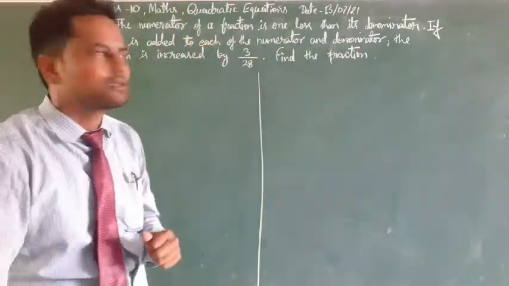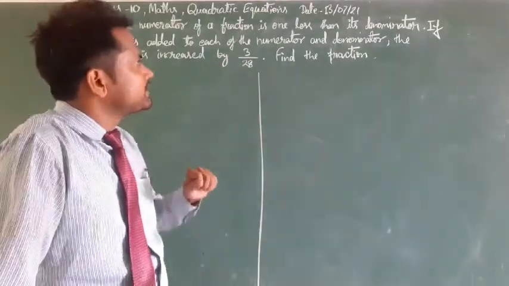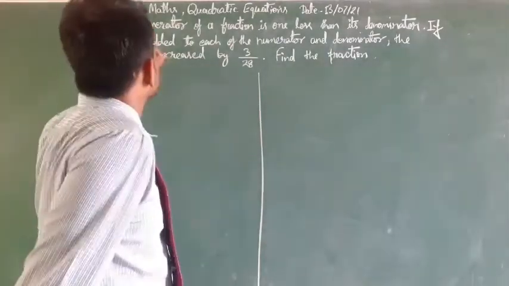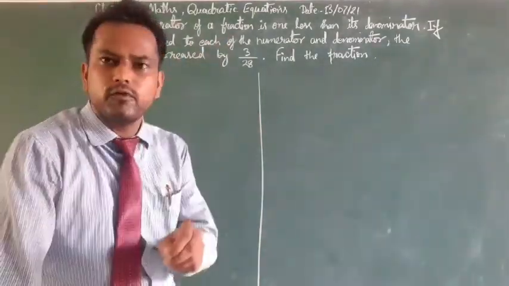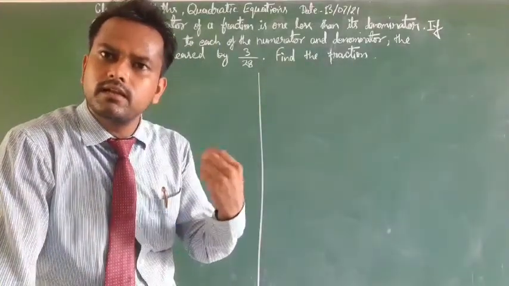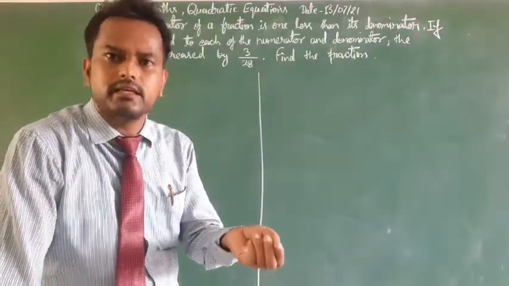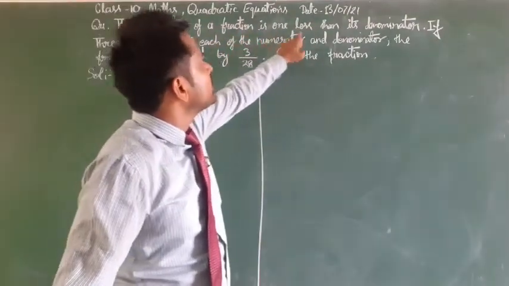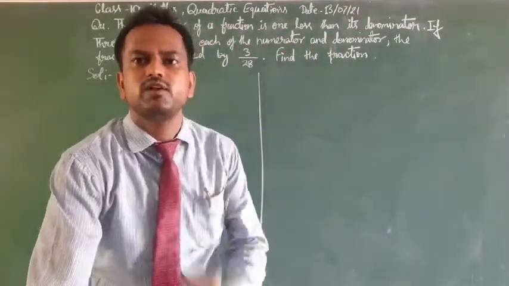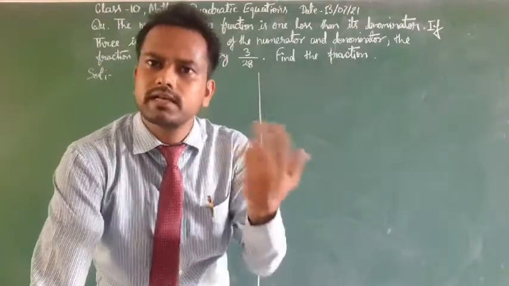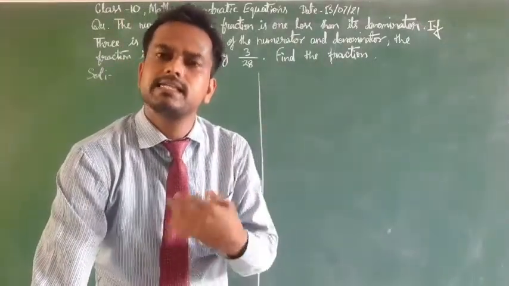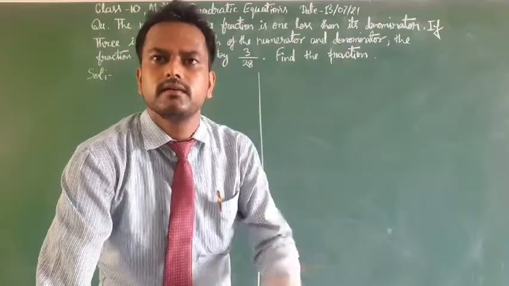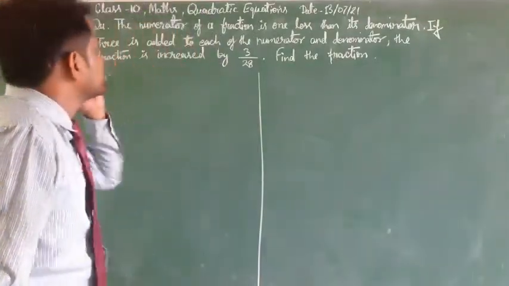It means if denominator is 4, then numerator will be 3. If denominator is 7, then numerator is 6. If denominator is 8, then numerator will be 7. Got it?